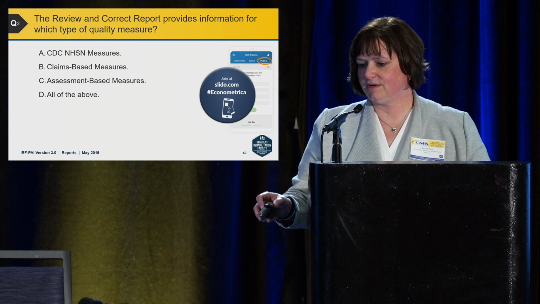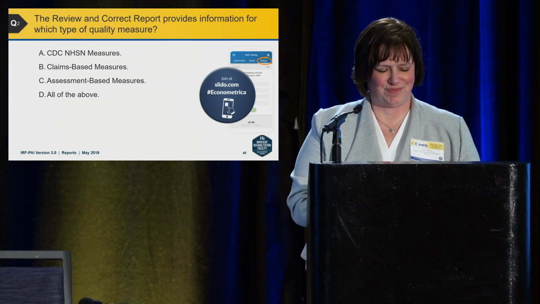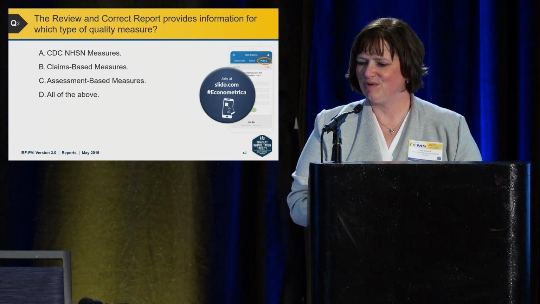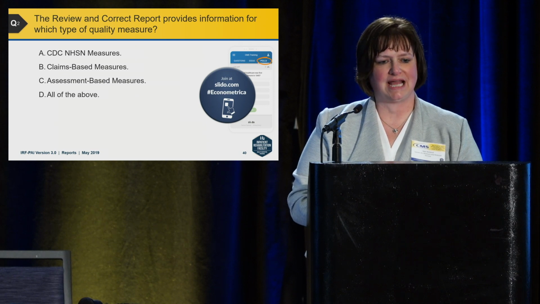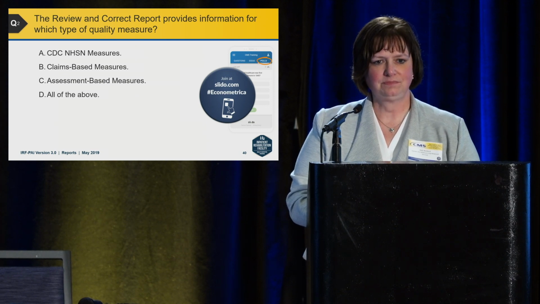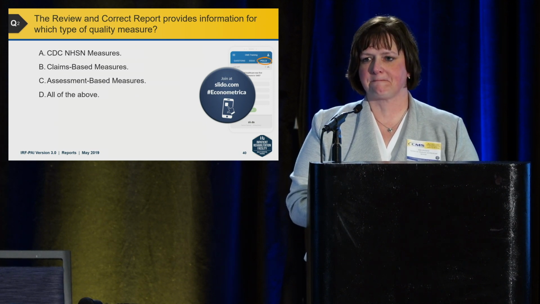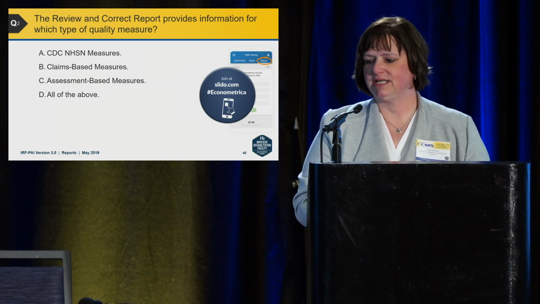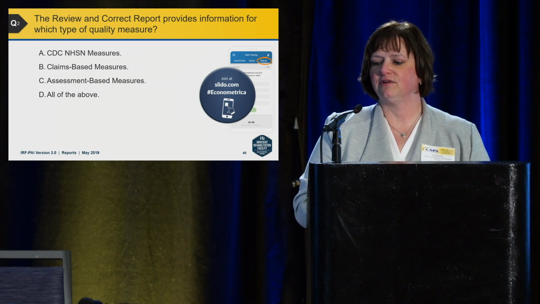So now we're to a few questions to break up, give you a chance to be more interactive. So go ahead and access Slido. And the question is, the review and correct report provides information for which type of quality measure?